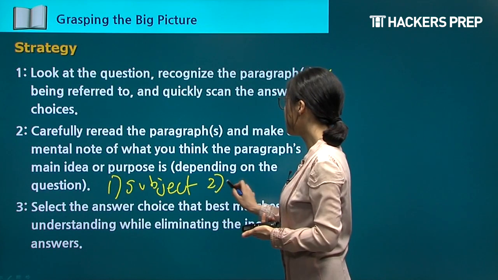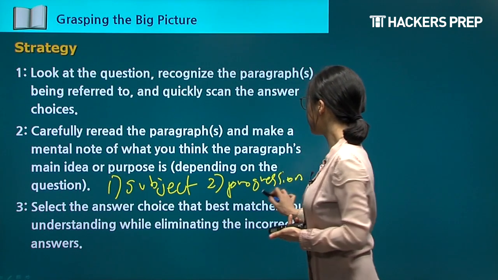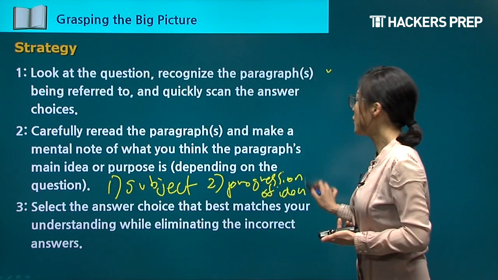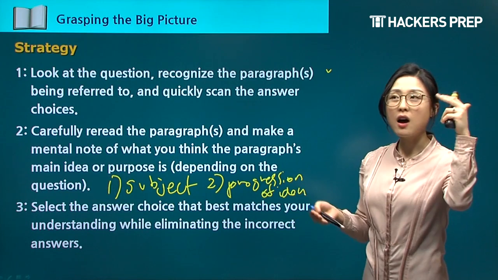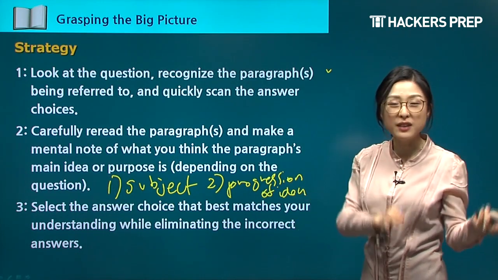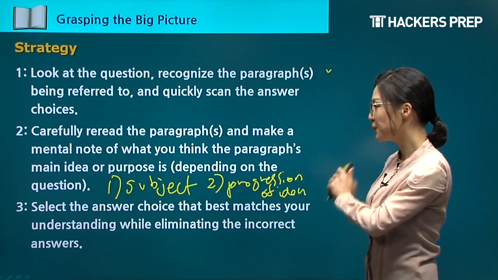Secondly, you want to look for progression of ideas. Because this is a paragraph level question, we want to see how it flows in the entire reading passage, so its relationship to the entire reading passage, right? So make sure you do those two.